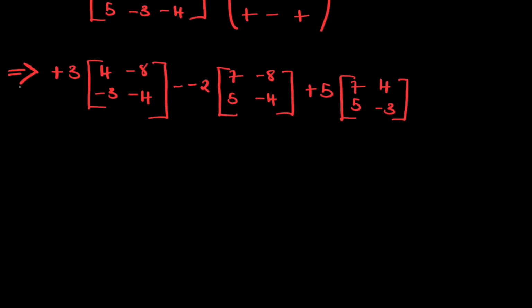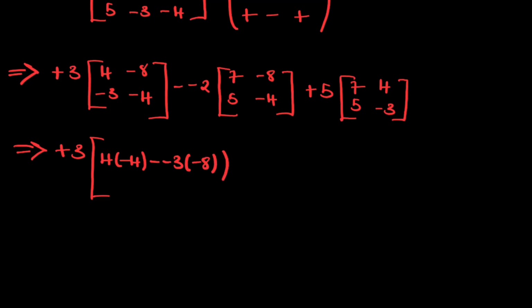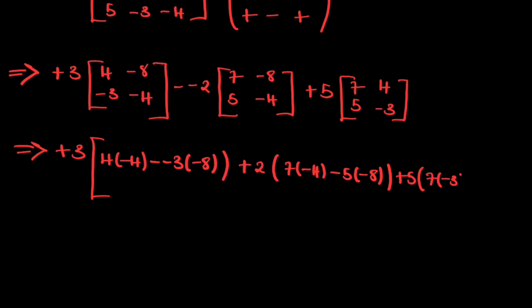Okay, so now we simplify. These are 2 by 2 matrices, so we just look for the determinants. Here we have 4 times minus 4 minus minus 3 times minus 8, plus 2 into 7 times minus 4 minus 5 times minus 8, plus 5 into 7 times minus 3 minus 4 times 5.